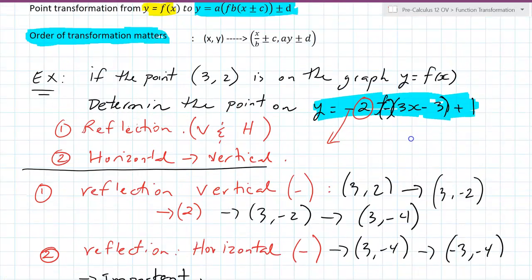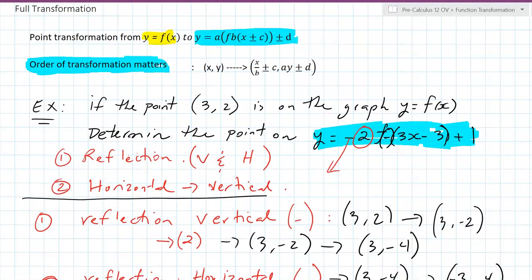The next piece is very important. Notice that this function is not written in the format that we started with. There is the 3 in front of x, but it's inside of the bracket. We need to make sure that the format stays, so we need to force it to be in that format. That means we need to rewrite this equation. So I'm going to rewrite that equation using the original form.